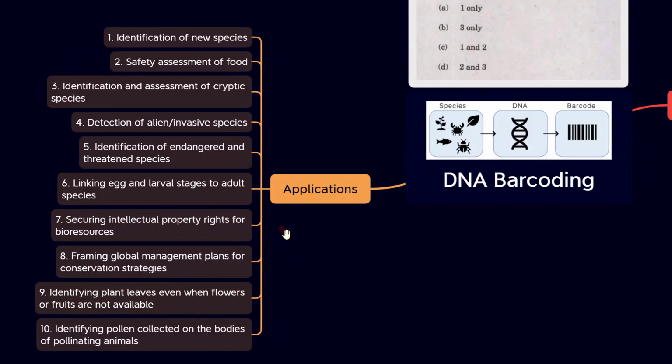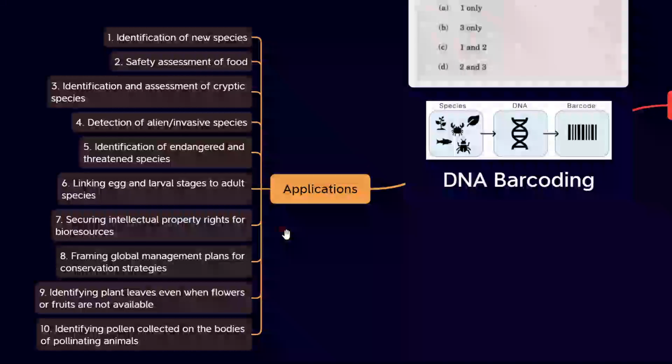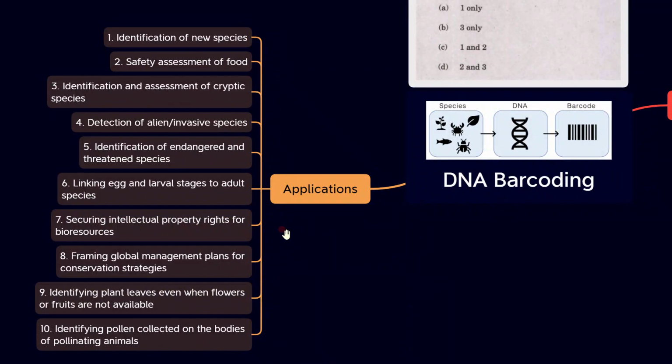So basically, they are applicable in identification of new species, and safety assessment of food, identification and assessment of cryptic species, detection of alien species, identification of endangered and threatened species, linking egg and larval stages to adult species, securing intellectual property rights for bioresources, framing global management plans for conservation strategies, identifying plant leaves even if the flowers are not available, and identifying pollen collected on the bodies of the pollinating animals.